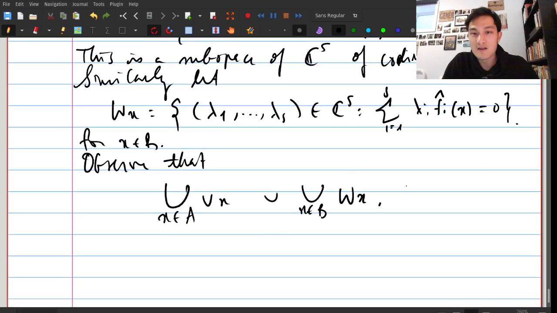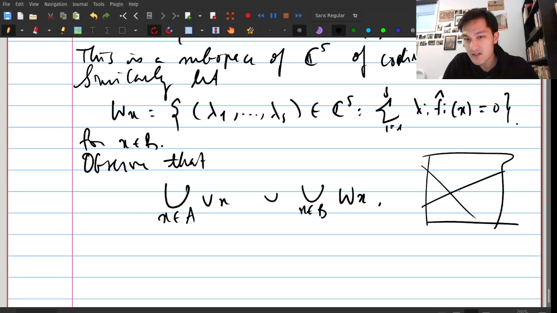Imagine it like this: we have the union of a bunch of codimension 1 subspaces. If the ambient space is dimension 2, these are just lines. No matter how big this finite number is, the volume of the union is going to be 0, and all we need is a point outside.